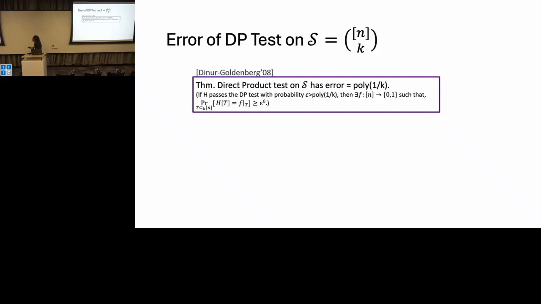Just as a reminder, this means that whenever any function h passes the test with probability epsilon larger than this polynomial in 1 over k, there exists a function f for which h of t equals f restricted to t on a large fraction of the sets.